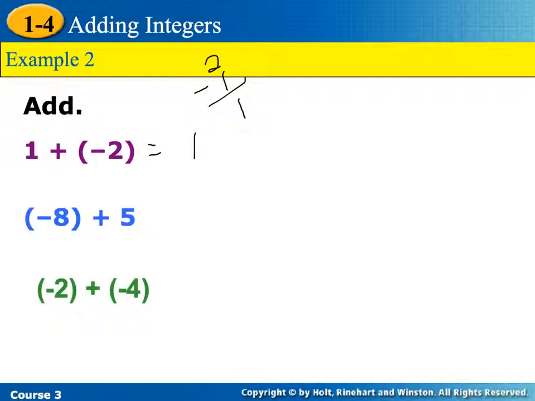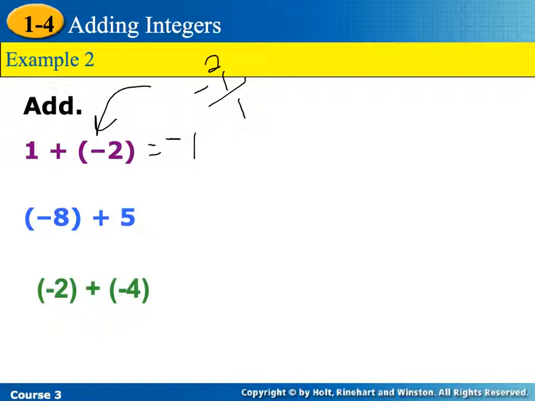Then you go back into the problem and ask yourself, which one's farthest away from 0? 1 or -2? It's -2, so my answer is negative because -2 is farthest away from 0, and the sign of -2 is negative.